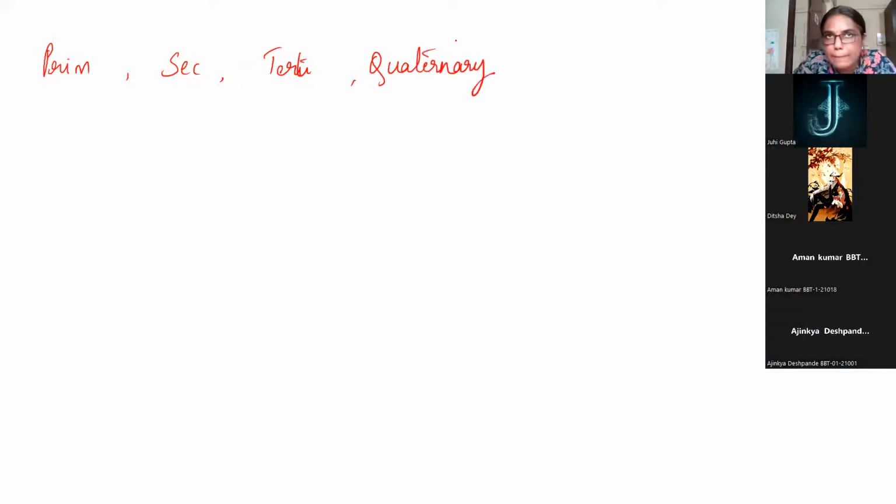Circular dichroism also is, you all know about the structure of protein, just a little basic, that every protein has a primary, secondary, tertiary, and quaternary structure. Have you all read about it? Yes, ma'am, in chemistry. In chemistry, okay.